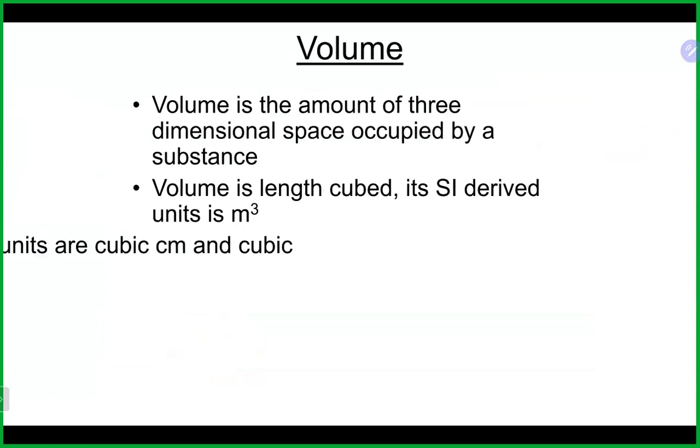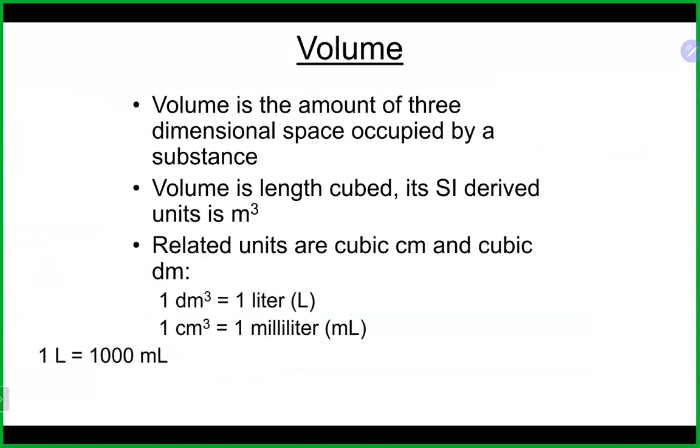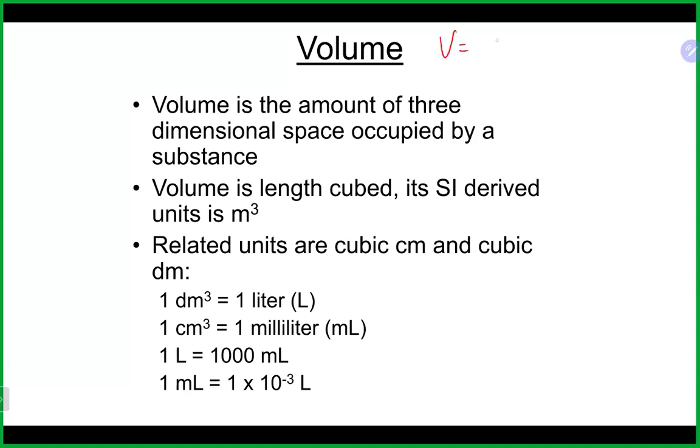Now, volume is the amount of three-dimensional space that is occupied by a substance. The SI unit for volume is meters cubed. And I would say that we get a cubic volume by, if we had something like a cube, we can measure the length times the width times the height. And if we measure each of these measurements in centimeters, they would all be length measurements.